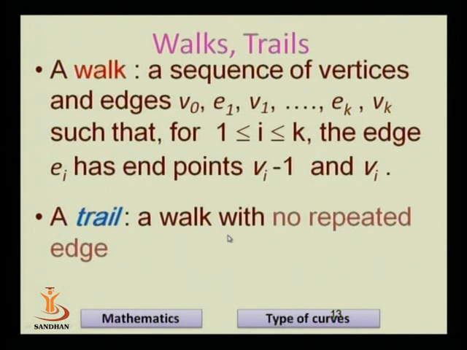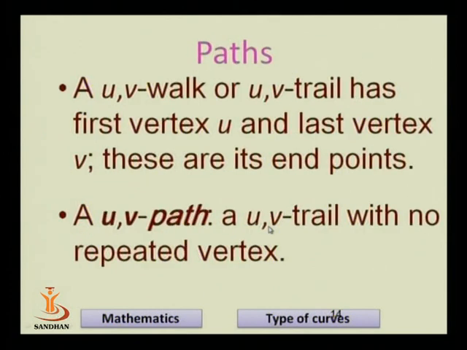Now what is a trail? A trail is a walk with no repeated edge. In a walk there may be repeated edges, but in a trail no edge is repeated. Now path.